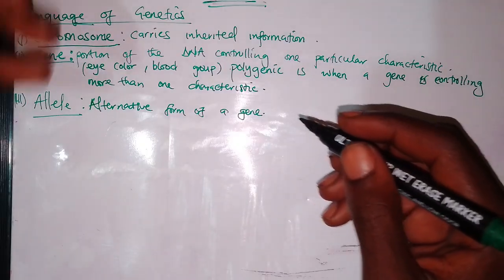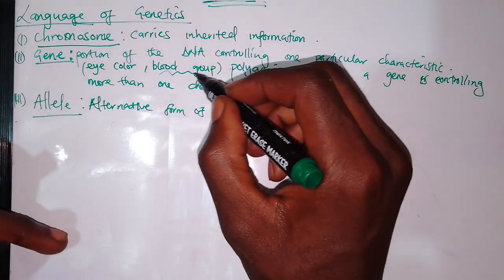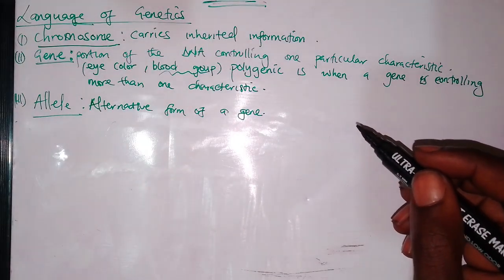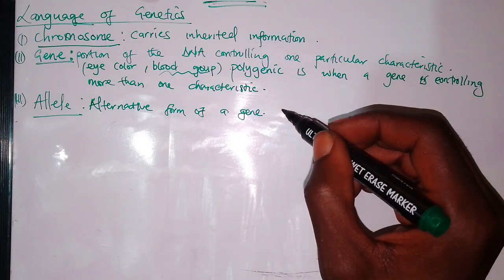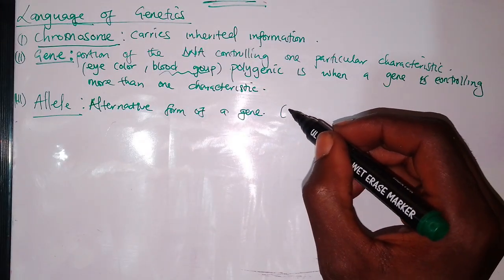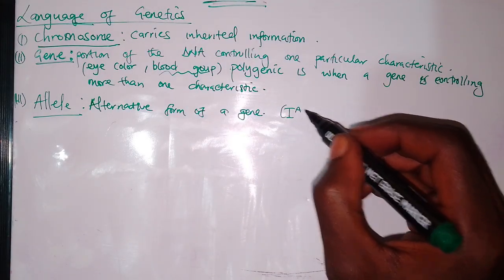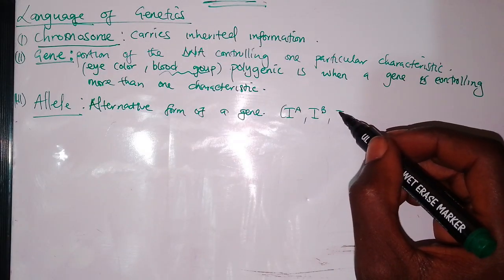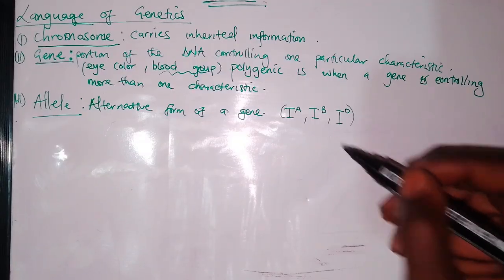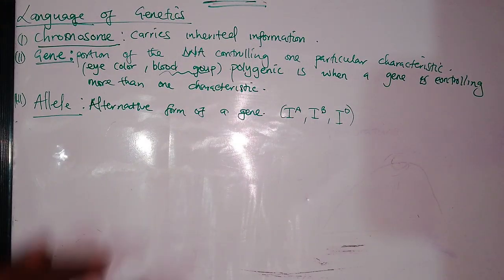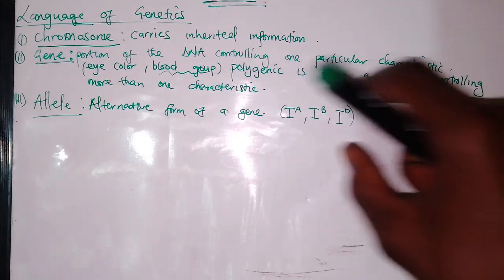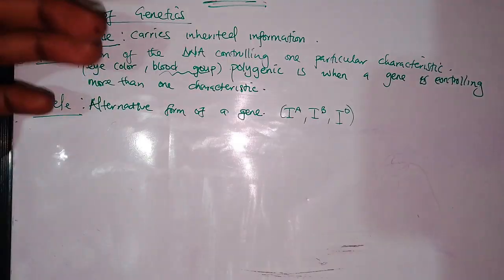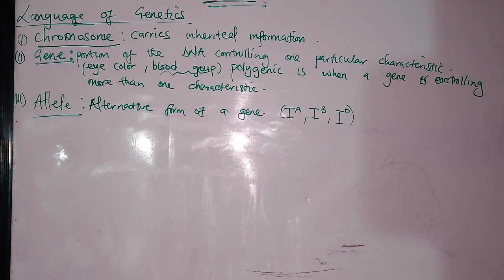We have a gene which encodes for blood group. But when we come to alleles, we can have an allele which codes for blood group A, an allele which codes for blood group B, and an allele which codes for blood group O. So these 3 are alternative forms of blood group. That is the meaning of an allele.